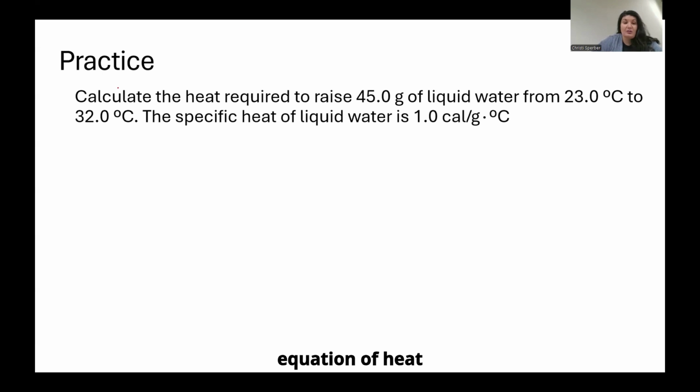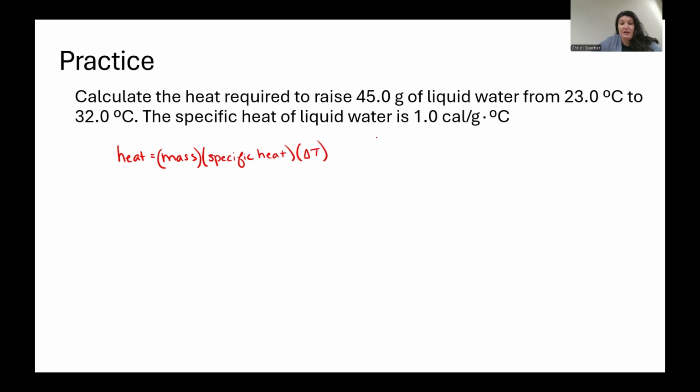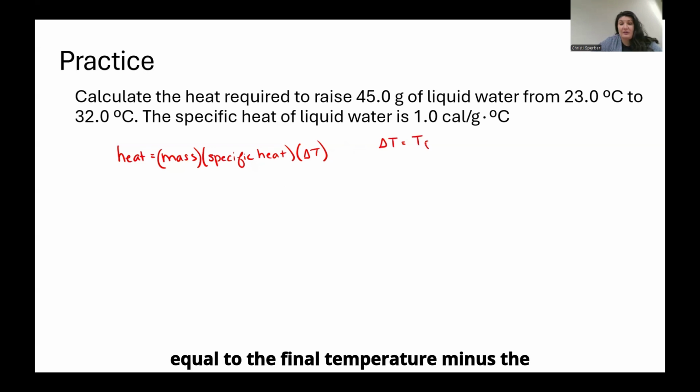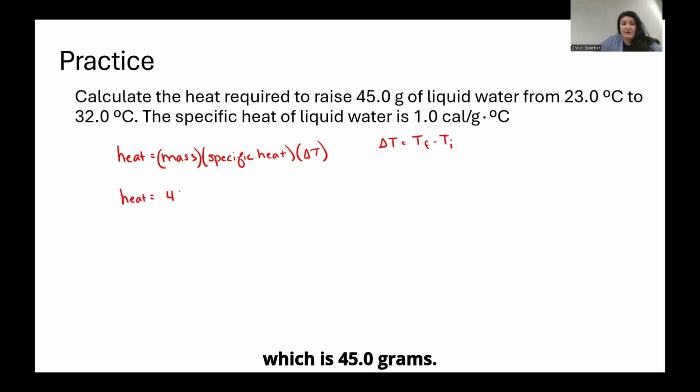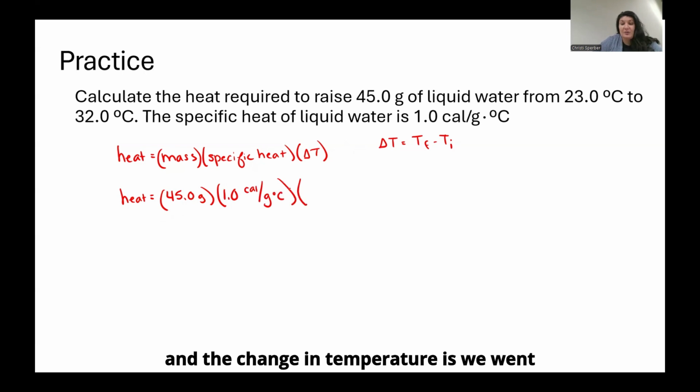So we can use our equation: heat is equal to mass times the specific heat times delta T. And delta T, the change in temperature, is equal to the final temperature minus the initial temperature. So heat is equal to the mass, which is 45.0 grams, times the specific heat, 1.0 calories per gram degree Celsius, times the change in temperature.